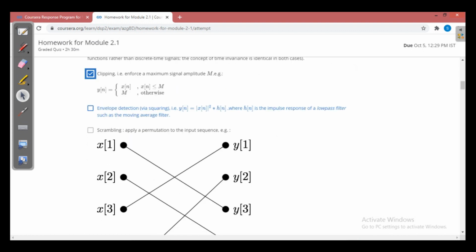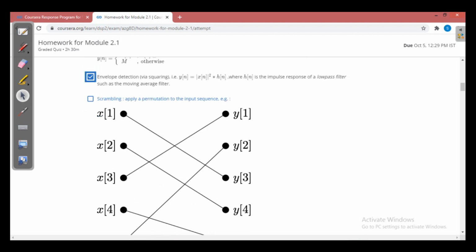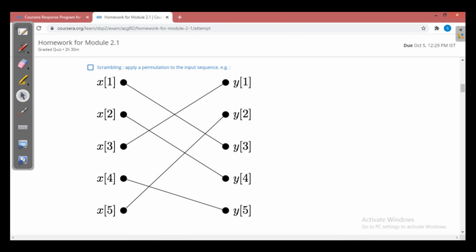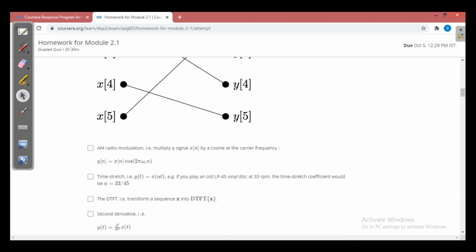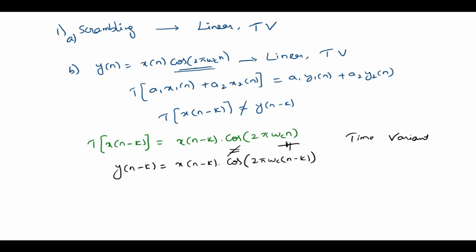Now this envelope detector, this again is non-linear but time invariant. Now this scrambling is linear but time variant, so it is a time variant system. Now the modulation function is also linear and time variant.